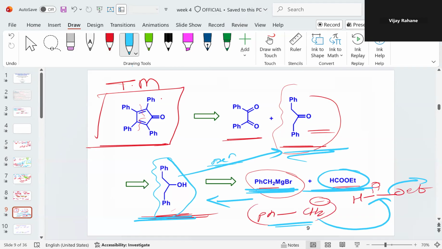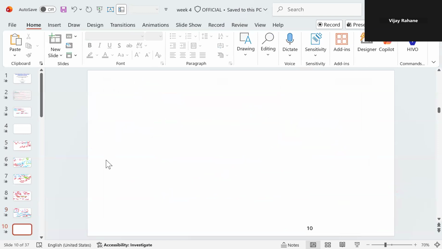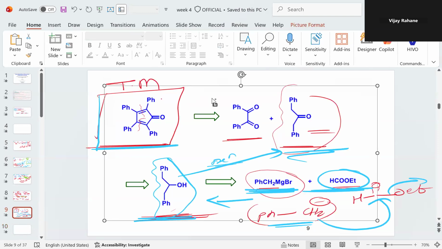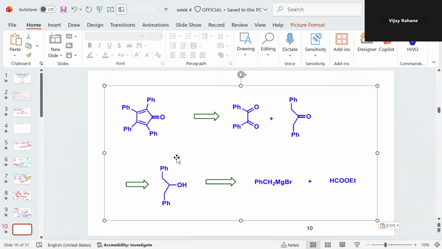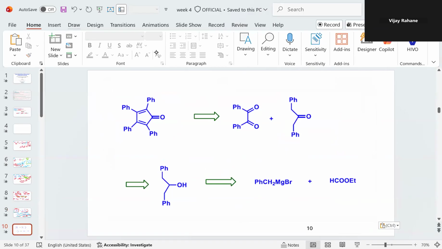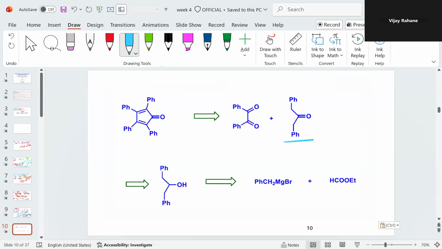Now the question is how these two molecules give the formation of this target molecule. What are the reagent conditions required to achieve this? I will show the next slide just to focus on the same. Up to here we have understood how to get this molecule.